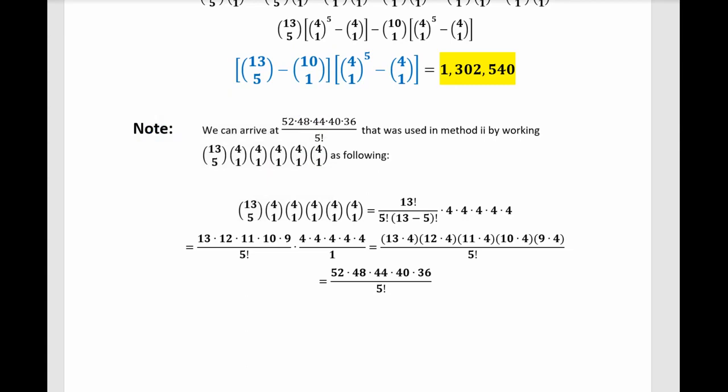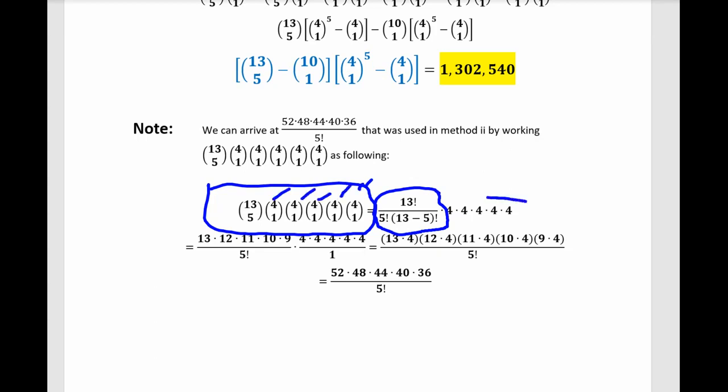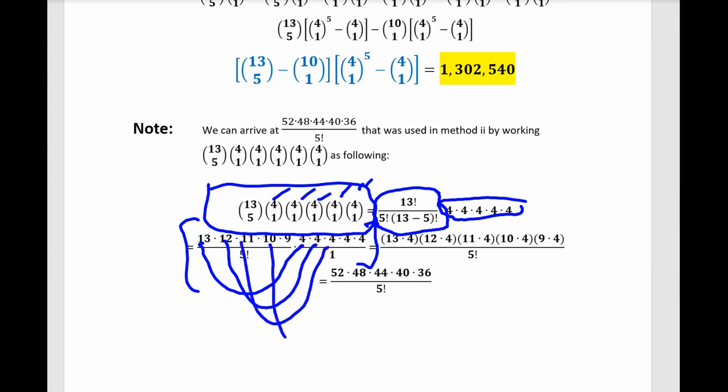And to do that, I just played along with this expression. I rewrote it using the factorial notation for 13 choose 5. Each of the 4 choose 1 amounts to just 4. And then I multiplied the 2 fractions together here, and I grouped these: 13 times 4, 12 times 4, 11 times 4, 10 times 4, and 9 times 4.